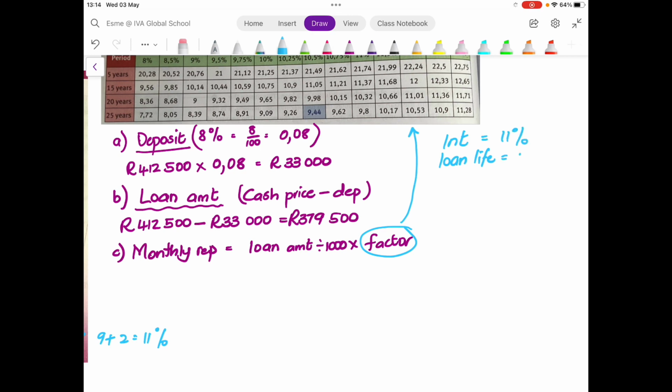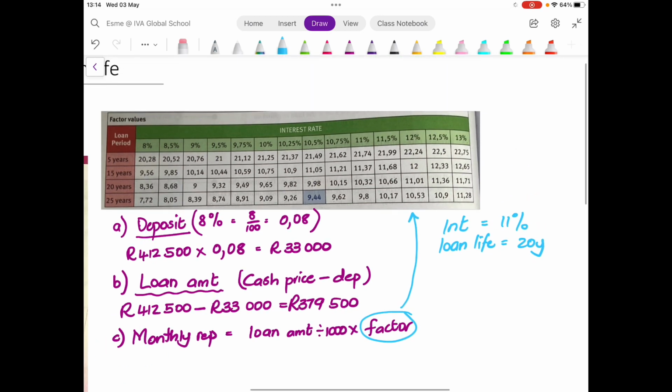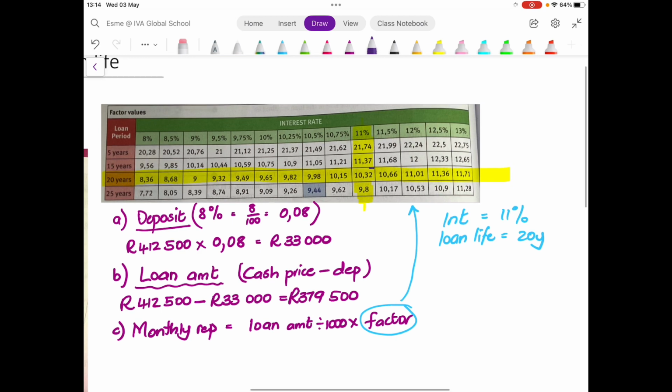The loan life is 20 years. So what we are doing here, 11% is over here. So we are looking at these values here. And the loan life is 20 years. So we look along that row and down this column. And the value where these two meet at the crossroads is 10,32.